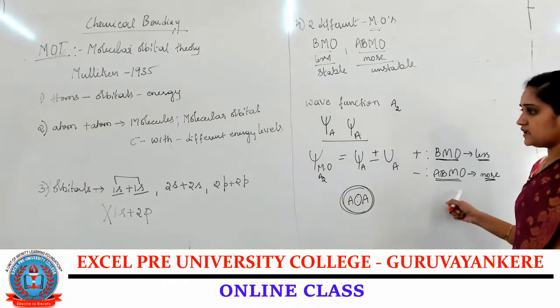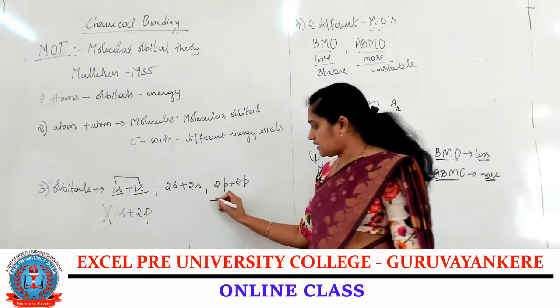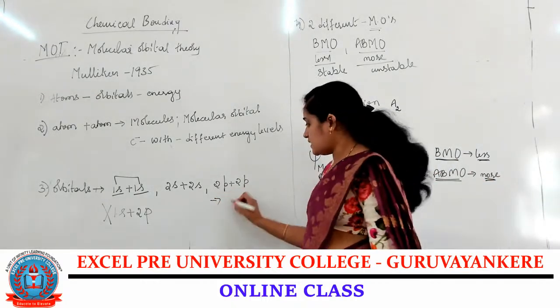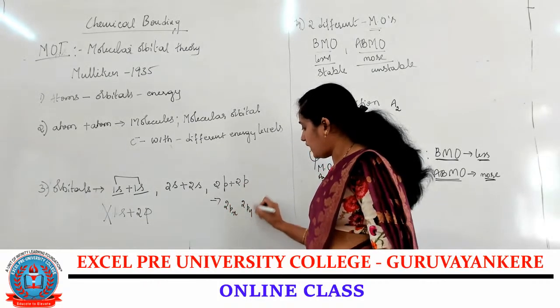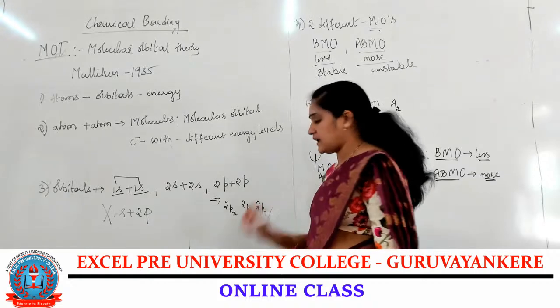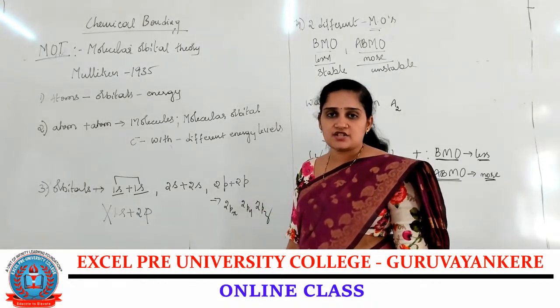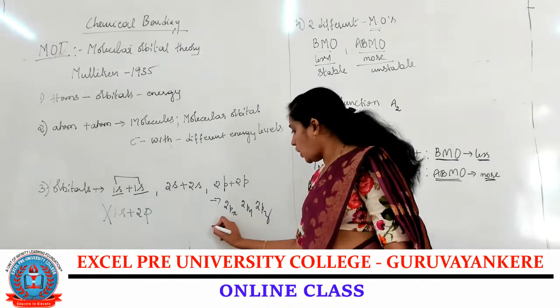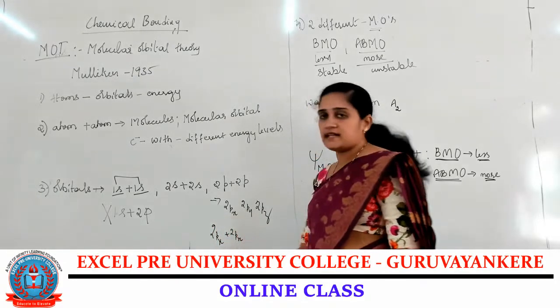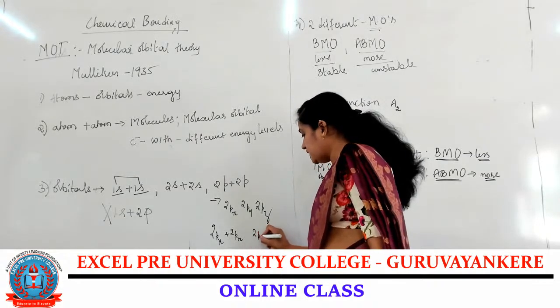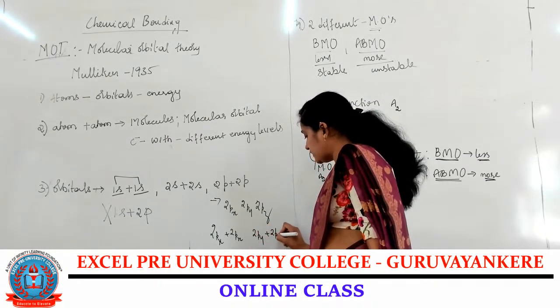Is it clear? And one more thing I need to say here. See, the 2p orbital contains 2px, 2py and 2pz. During the combination, 2px will always combine with 2px only, and 2py will combine with 2py only.